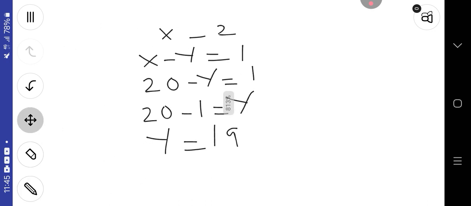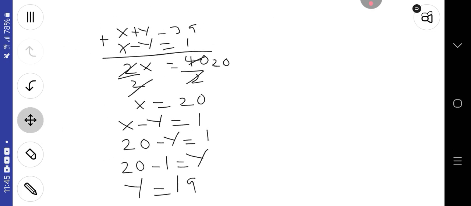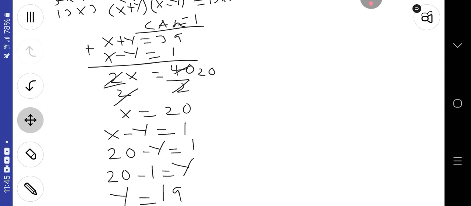Now we need to put the values of x and y into the original equation, x squared minus y squared is equal to 39, and see if we are going to get a result.